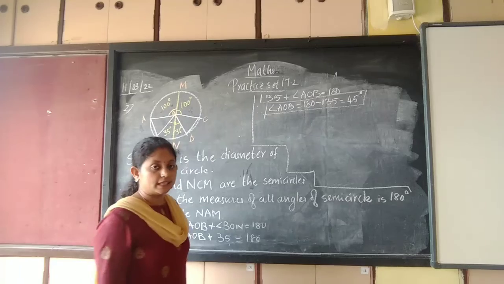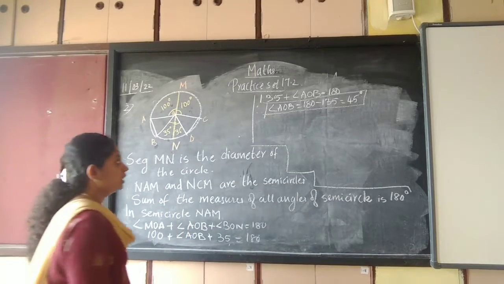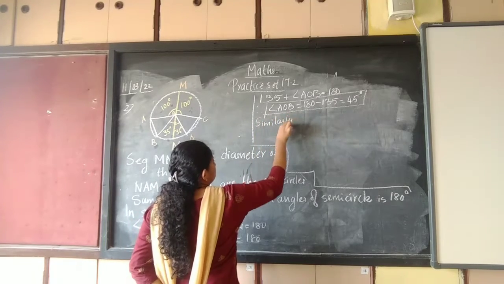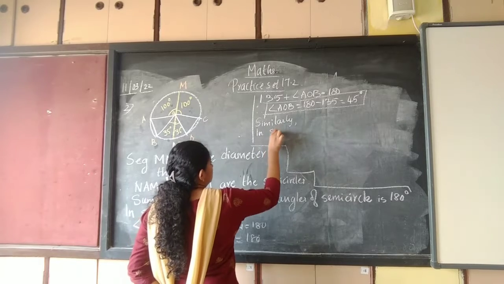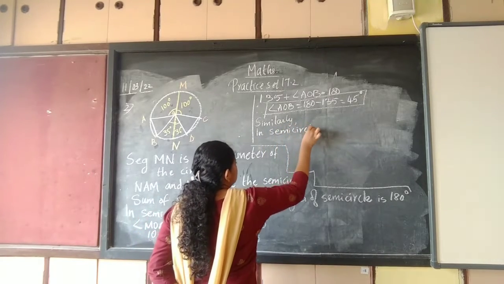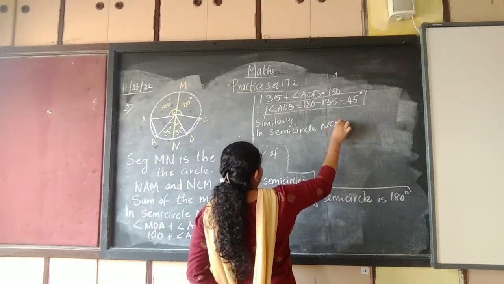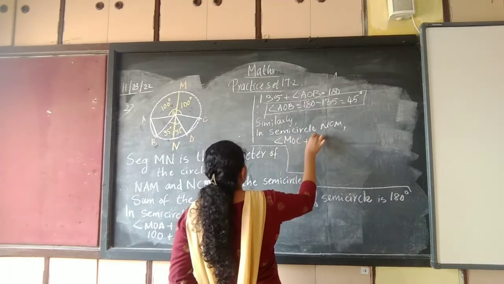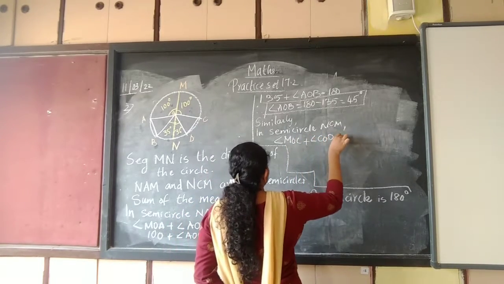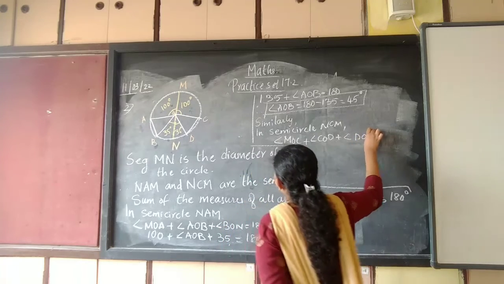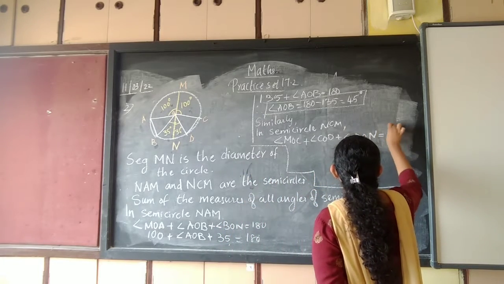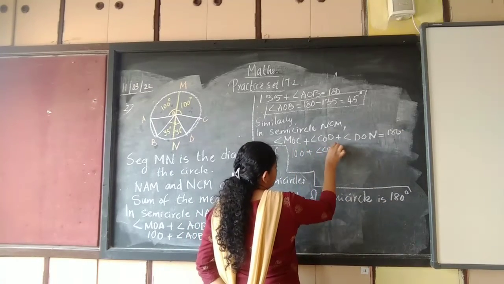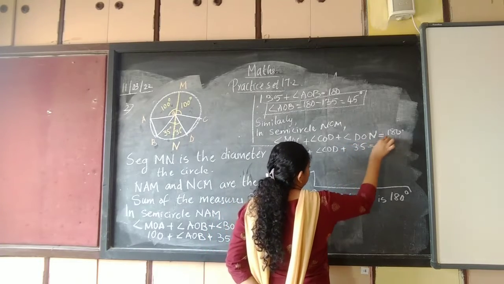We have to find COD also. So we can write similarly, in semicircle NCM. Which are the angles in that? Angle MOC plus angle COD plus angle BON is equal to 180. 100 plus angle COD plus 35 is equal to 180.